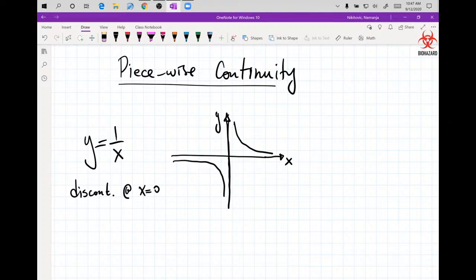So if we look at, let's say, 1 to infinity, see, 1 to infinity is this one over here. And that one is continuous.